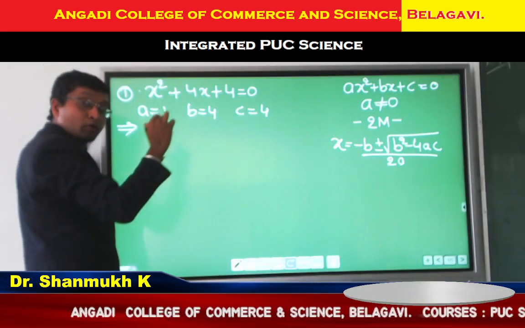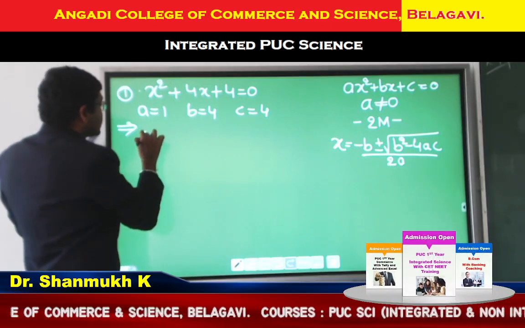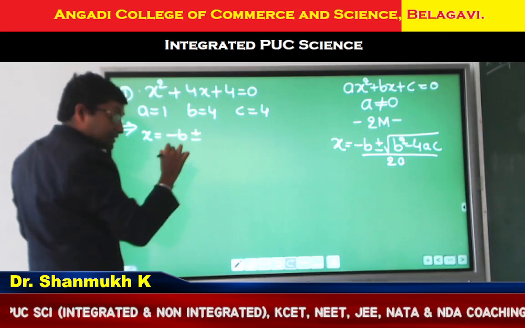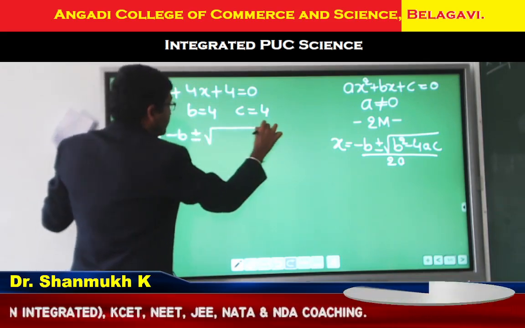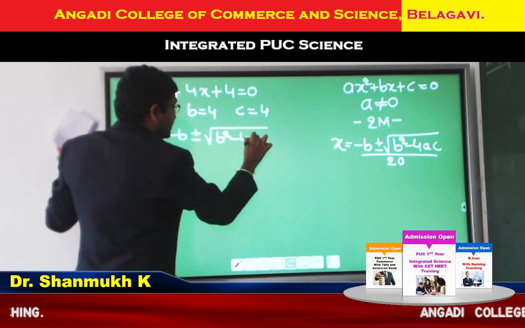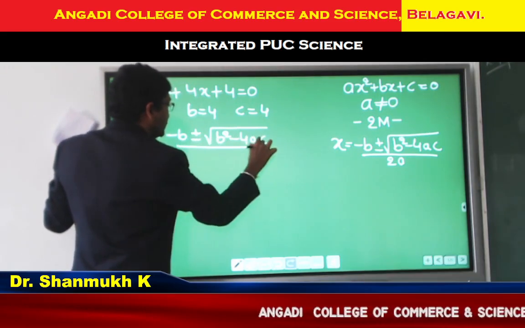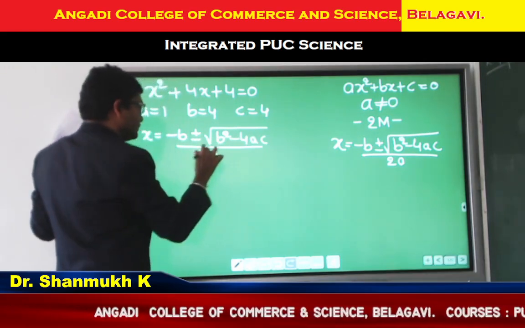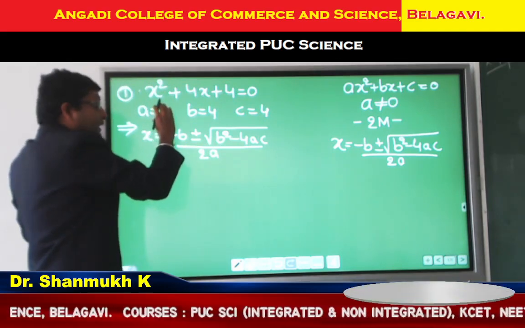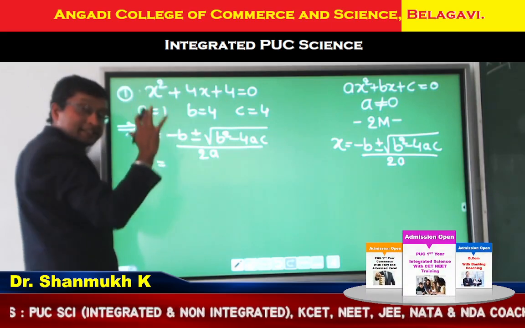First we write the quadratic formula: x equal to minus b plus or minus under the square root of b square minus 4ac divided by 2a. Then substitute the values for a, b and c.